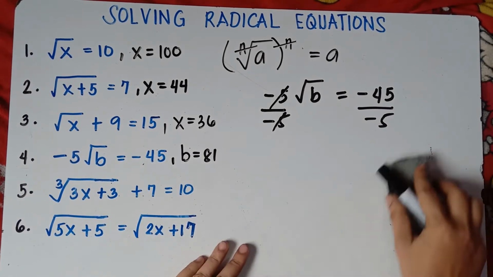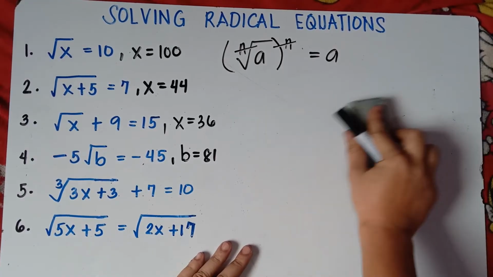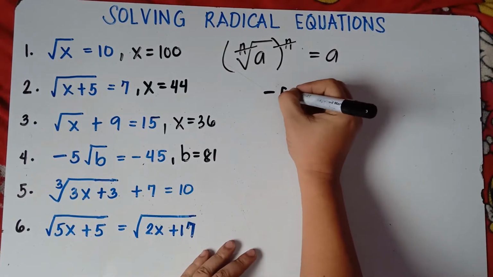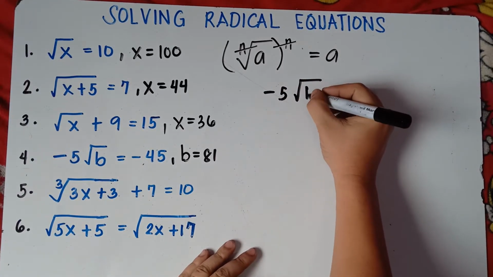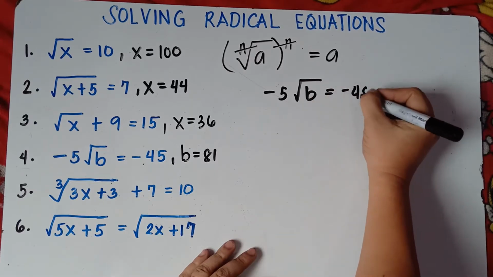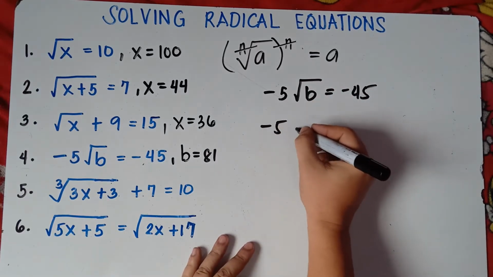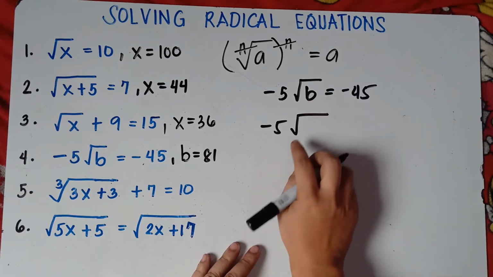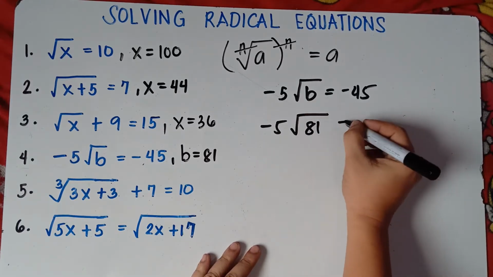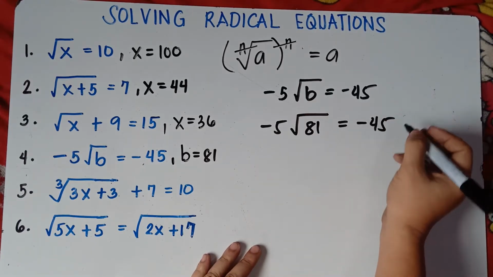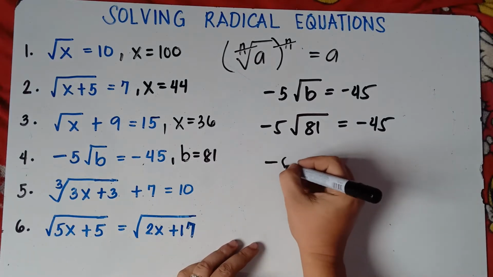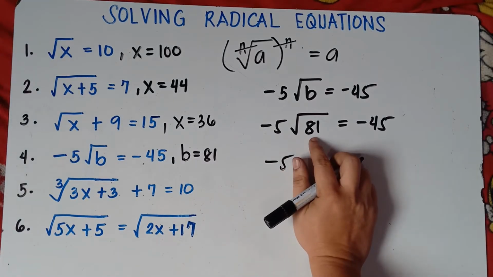Alright, from this equation, let's check our answer for number 4. Negative 5 square root of b equals negative 45. And this will be negative 5 square root of our b is 81 equals negative 45. So copy negative 5 and the square root of 81, that is 9.